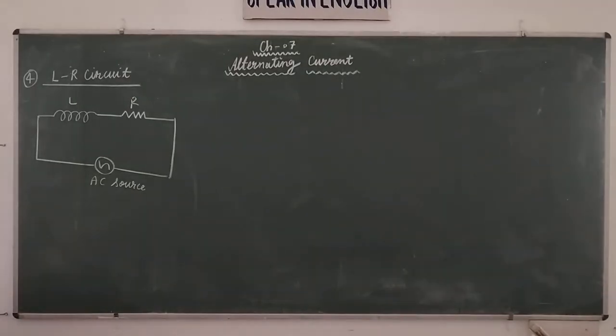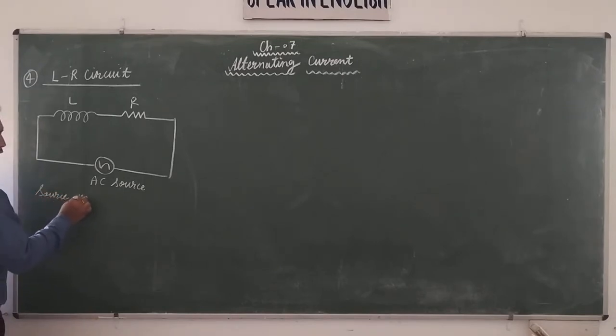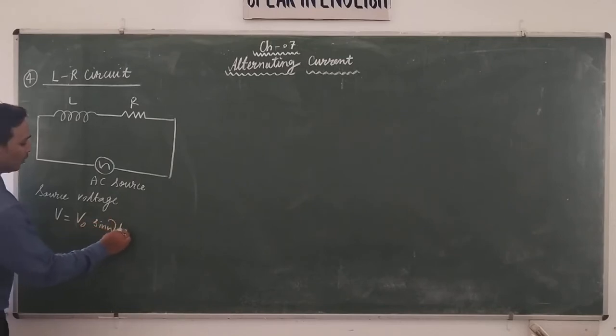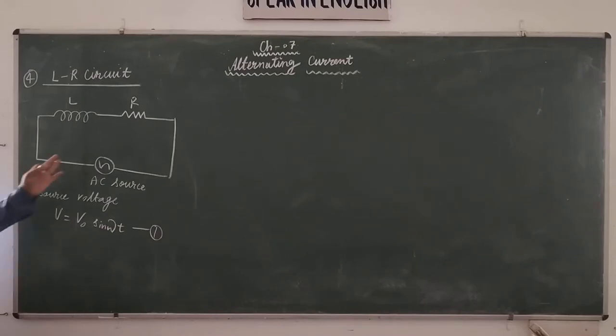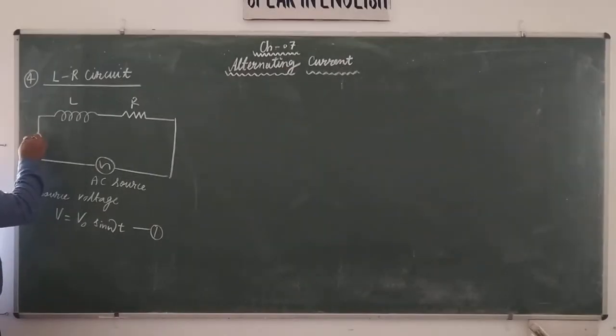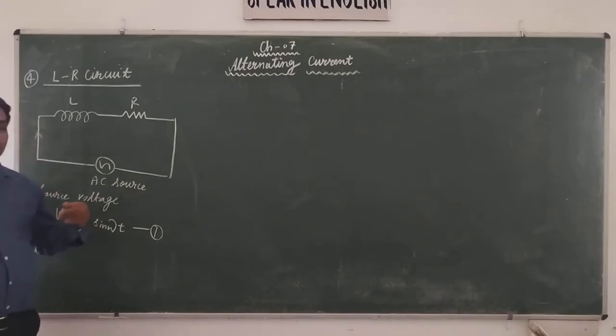Okay. So how this alternate? What is the source voltage? Source voltage V is equal to... You know that in series combination what happens? The current, whatever it is flowing, I should not show the direction because the direction of alternating current changes continuously.